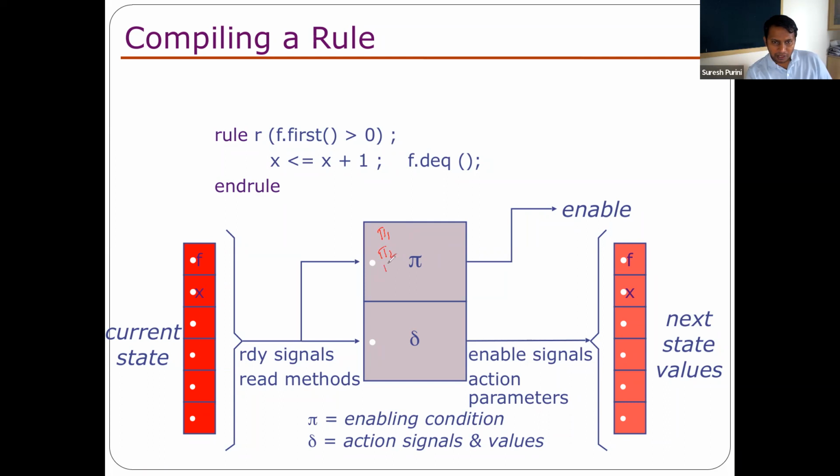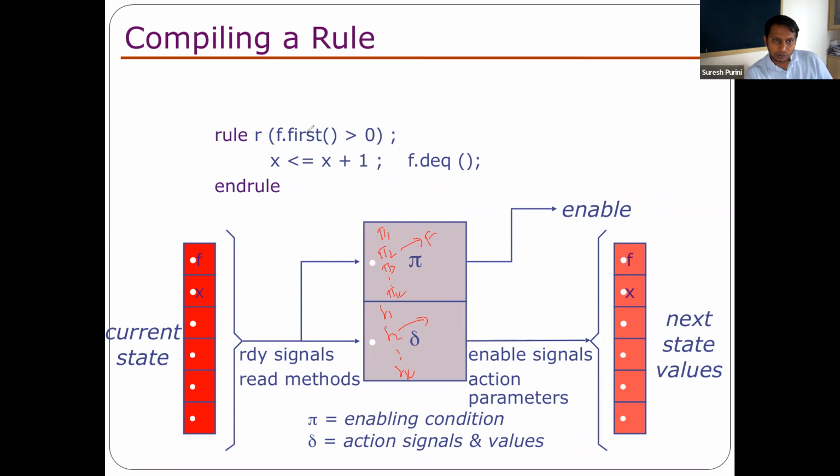There are multiple predicates associated with all the rules. All of them are evaluated, and there are enable signals that come out which tell us which predicates become true. And then there are these next state functions, like delta 1, delta 2, delta k. Let's say if pi2 is false, then the state affected because of delta 2, whatever it is, just gets ignored because the corresponding enable signal will not go up.